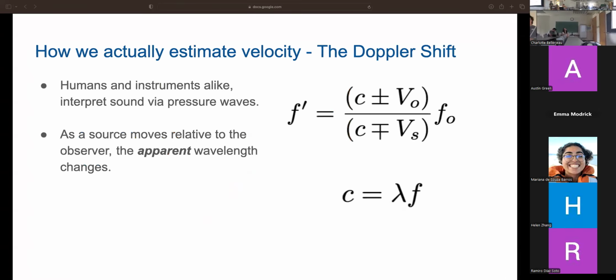Because we're talking about ADCPs, and Doppler is in the name, we're going to go back to your intro physics classes on how the Doppler shift works, because that is what we use to actually measure the velocity in the ocean. An interesting note is that humans and instruments alike both use the actual pressure waves from sound.